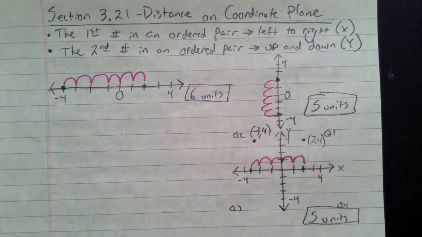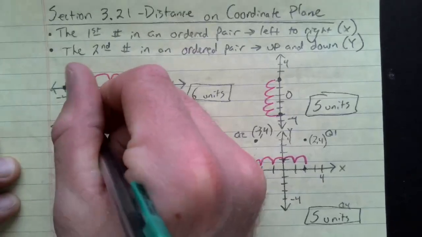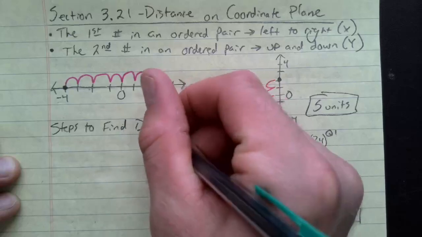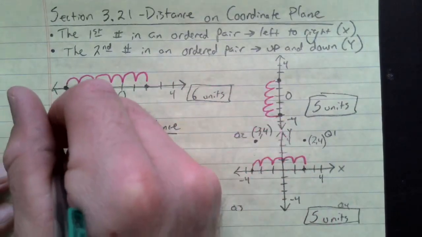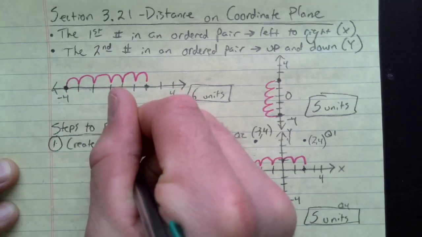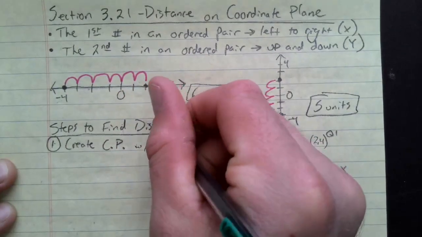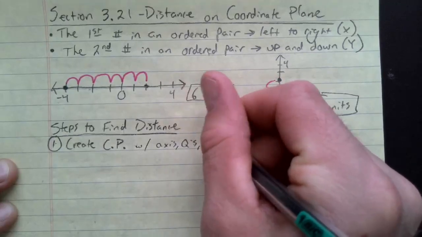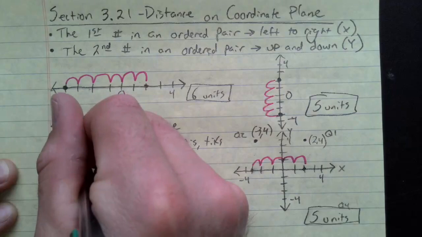That's it. There are 3 simple steps to find distance on a coordinate plane. Step 1 is to create your coordinate plane, your CP, with your axes, quadrants or Q's, and tick marks.